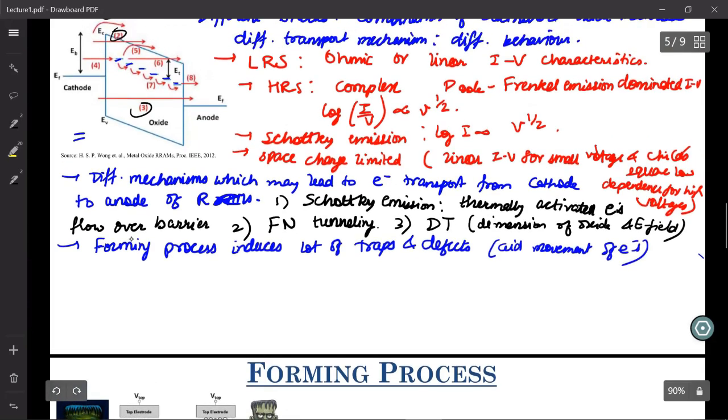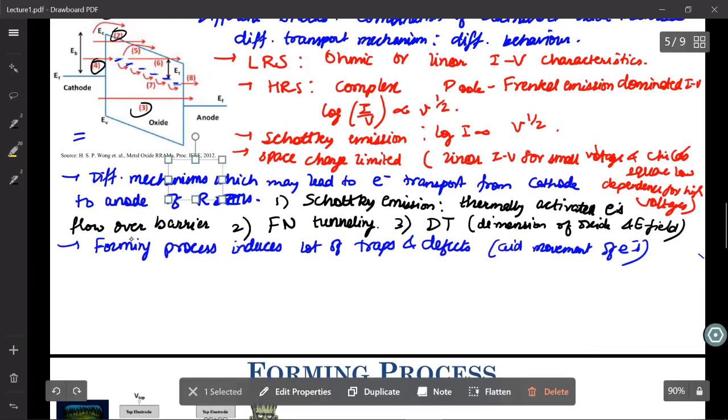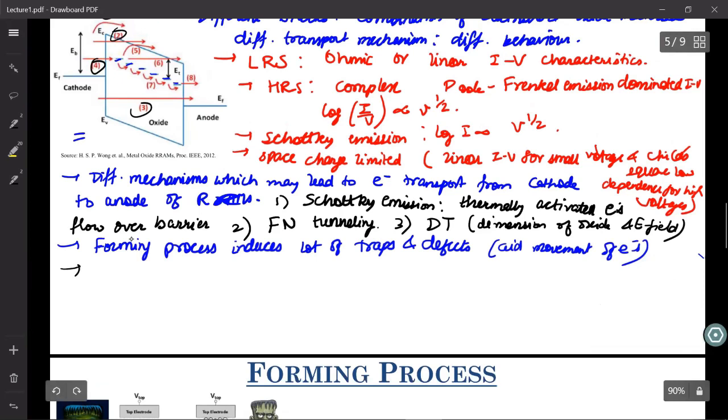So what can be the mechanisms because of the traps? If you look at 4, which is here, 4 is cathode to trap tunneling.